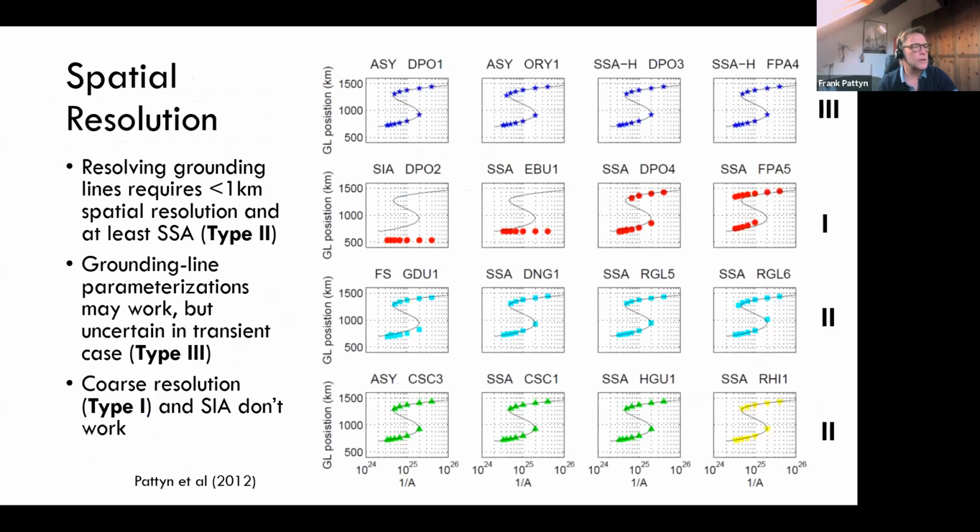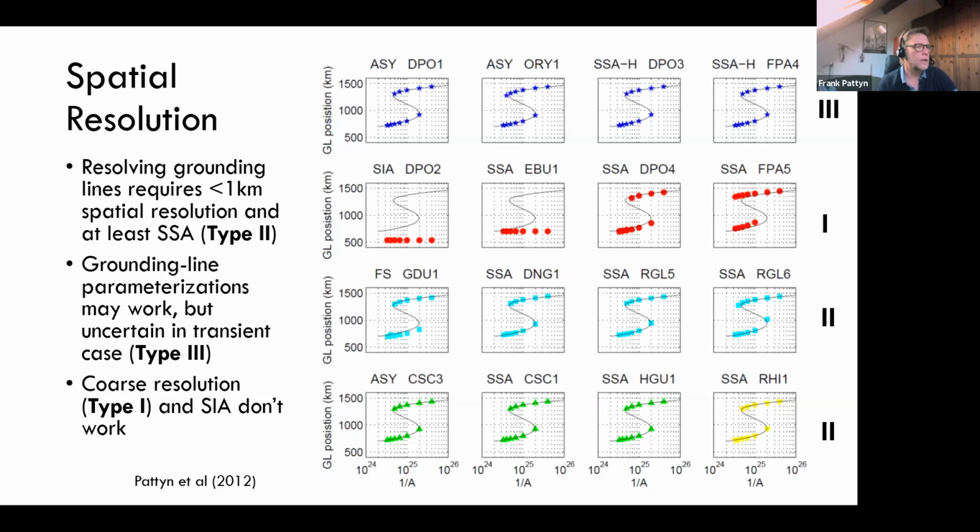So you can basically also classify this, and that was a first way of classifying models in terms of this experiment. So I made here a very simple classification, 1, 2, and 3, meaning that these are models, large-scale ice sheet models that use a very coarse resolution, but basically they use at least a shallow shelf approximation.